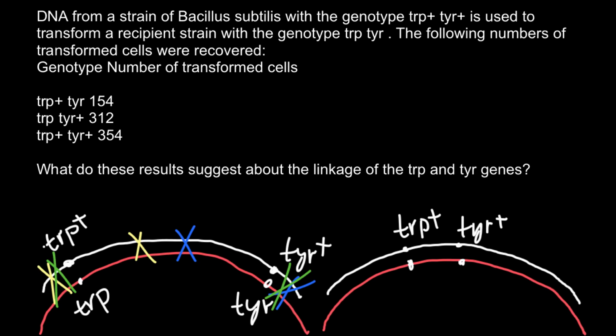And in the same loci we would have, of course, in the recipient DNA of the bacteria, tryptophan and tyrosine negative.